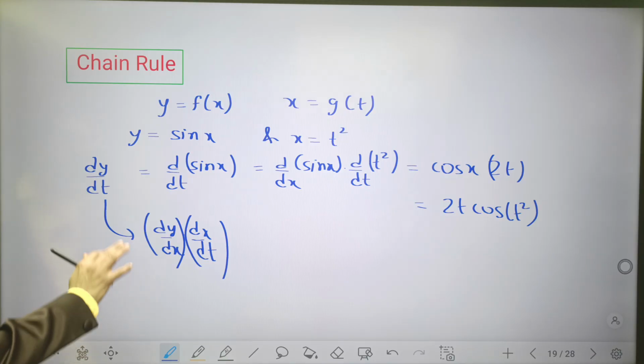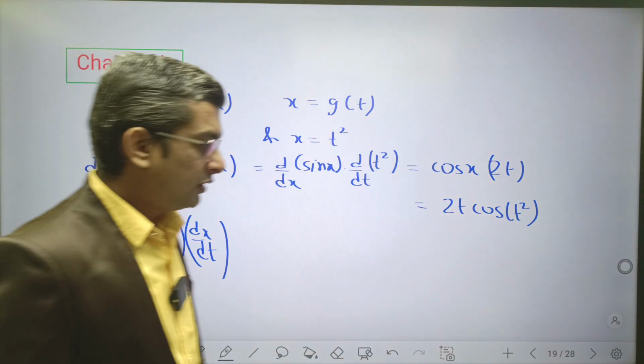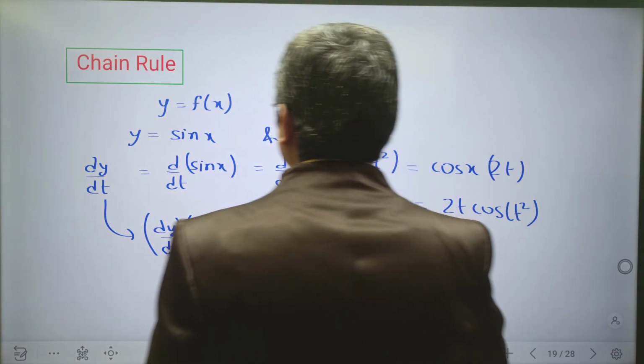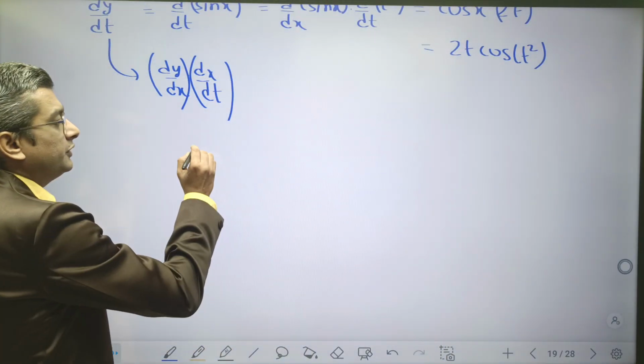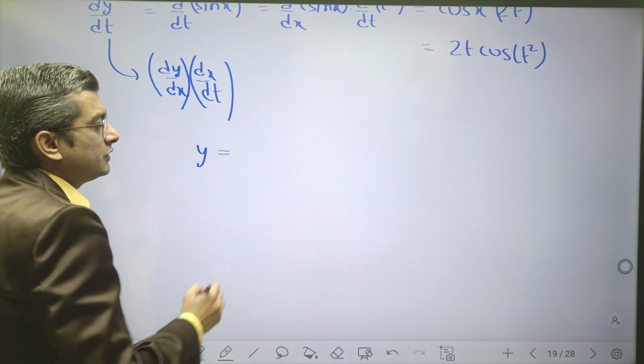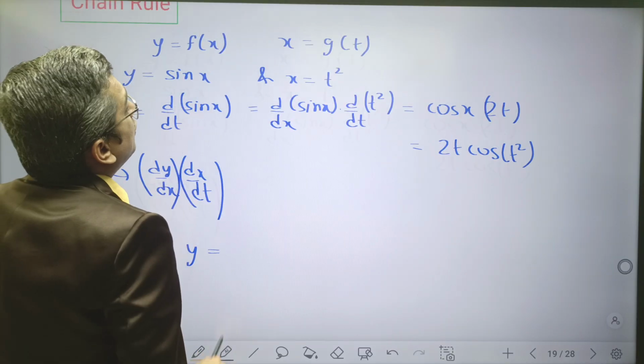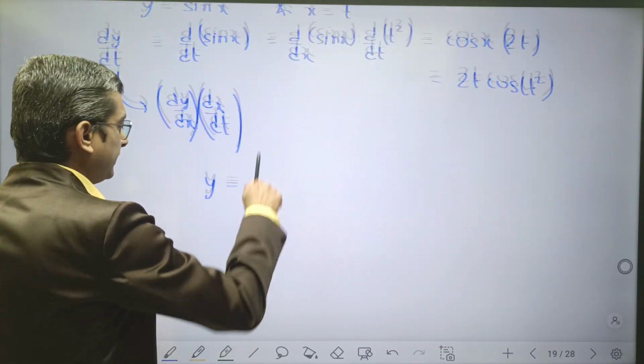So instead of rote learning this formula, let us understand the same formula. I am giving you the trick here. Since y is equal to sine of t square, sine x means sine of t here.